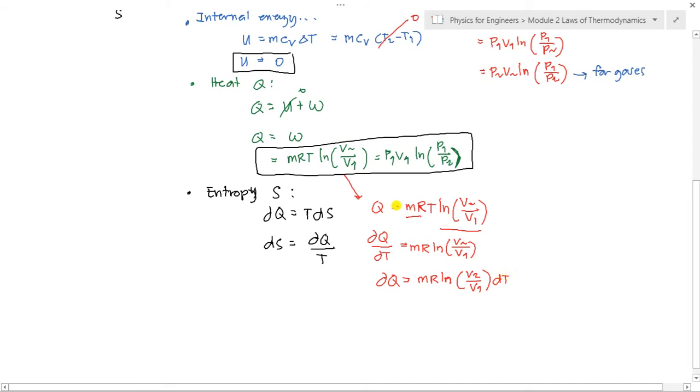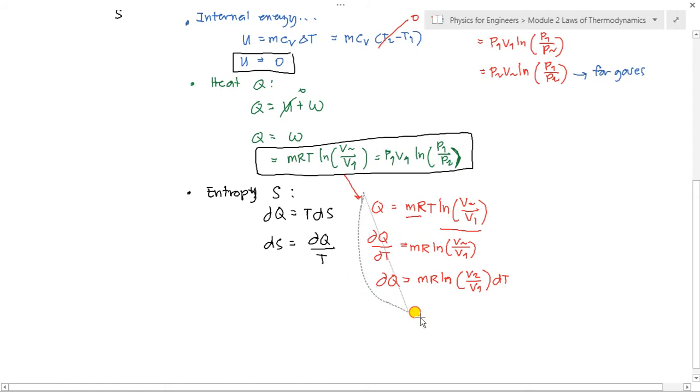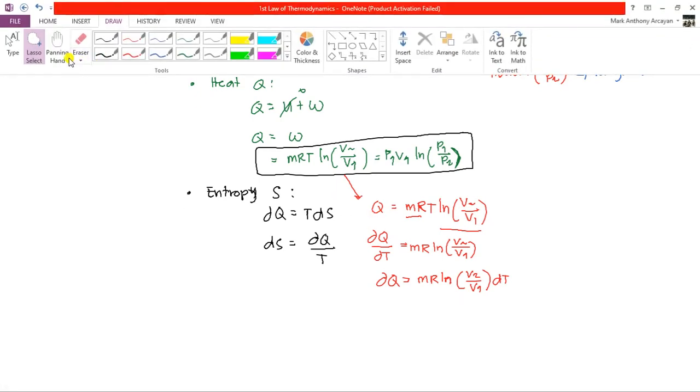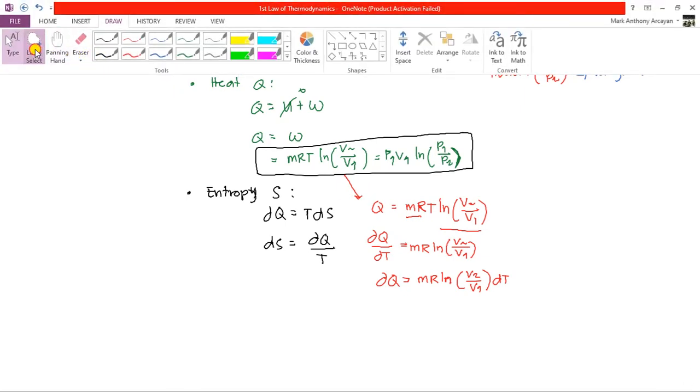Okay, but I forgot, sorry, we cannot do this because T here is constant. We cannot take the derivative here because q is not a function of T, since all of these are constant. Therefore, the derivative is automatically 0.